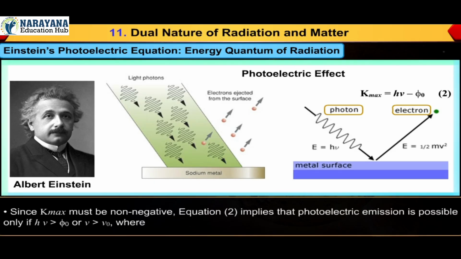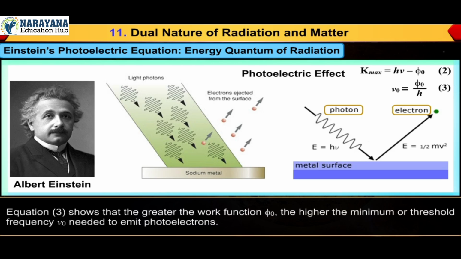Since K maximum must be non-negative, equation 2 implies that photoelectric emission is possible only if h nu is greater than phi 0, or nu is greater than nu 0, where nu 0 is equal to phi 0 upon h. Equation 3.